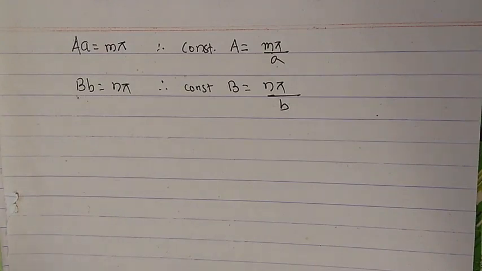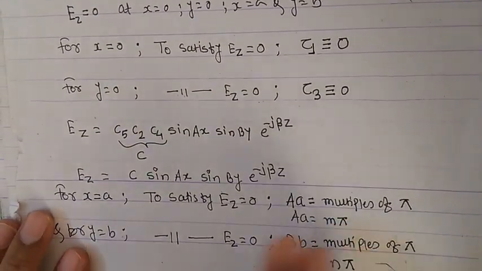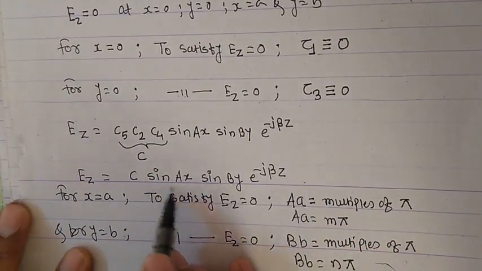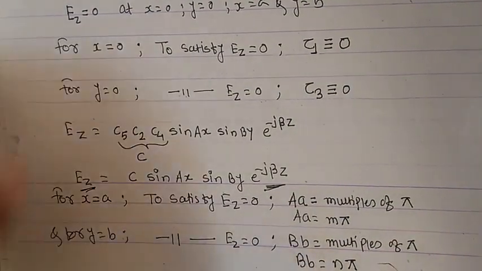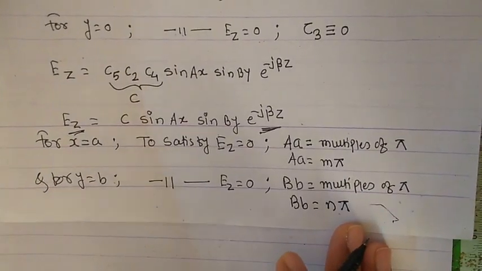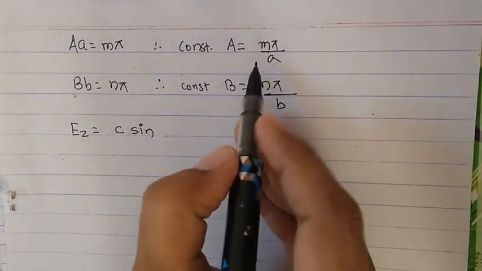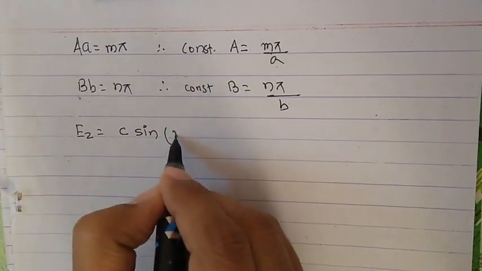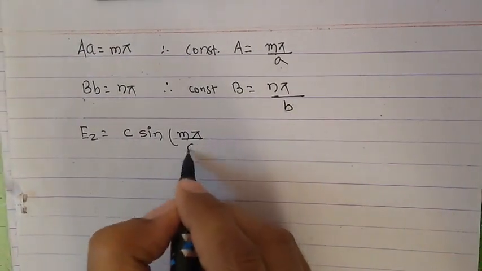So now with these boundary conditions and solutions, rewrite this equation Ez. Ez will be equal to c sine ax, and a is m pi by a, and this is x.